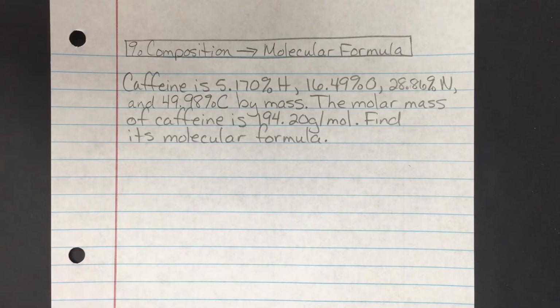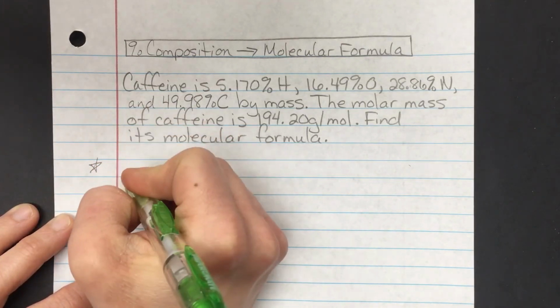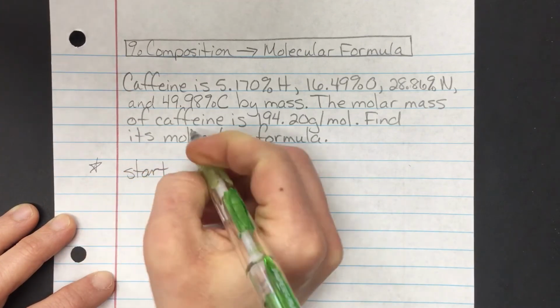So a problem we might have for this is caffeine is 5.170% hydrogen, 16.49% oxygen, and 28.86% nitrogen, and 49.98% carbon by mass. The molar mass of caffeine is 194.20 grams per mole. Find its molecular formula. For this problem, we start at number 1 from the first problem.